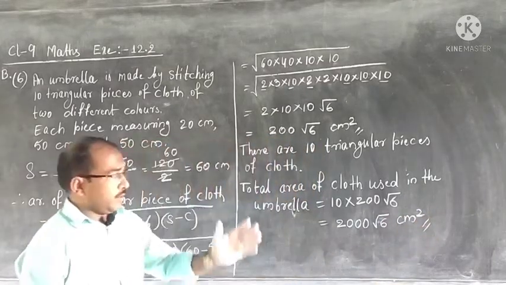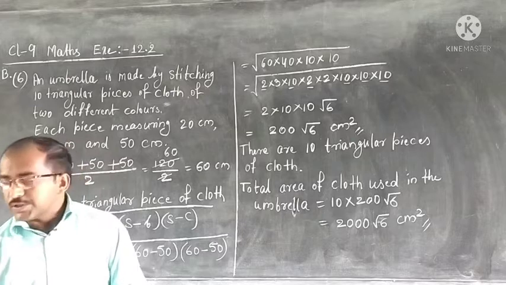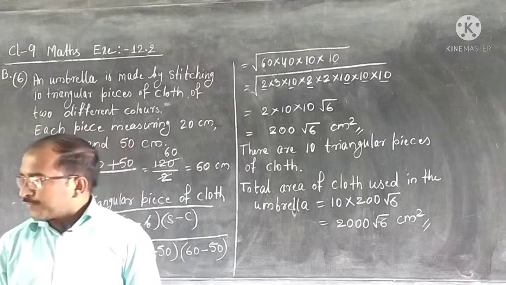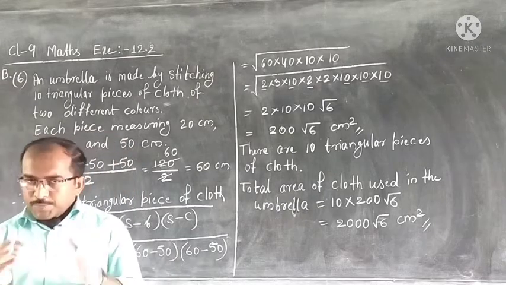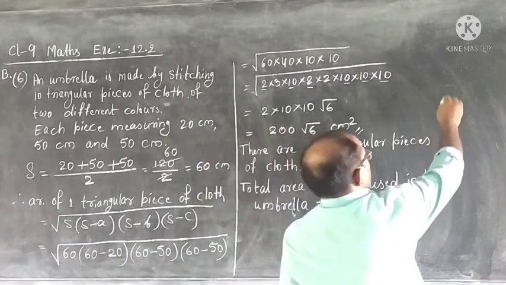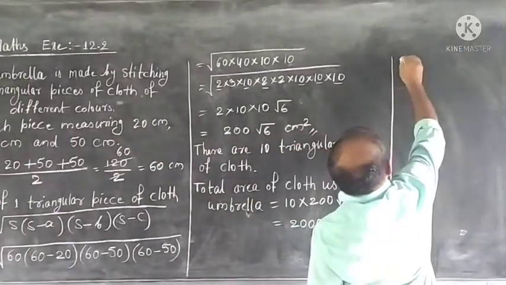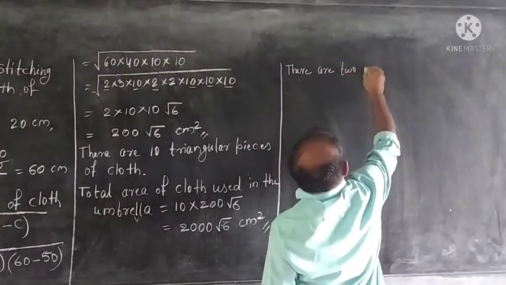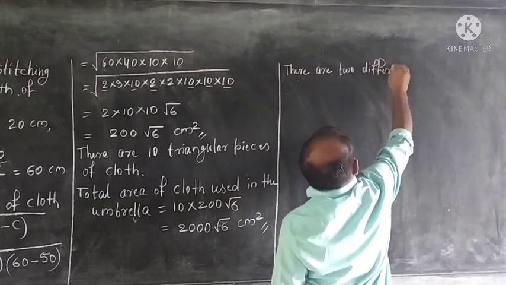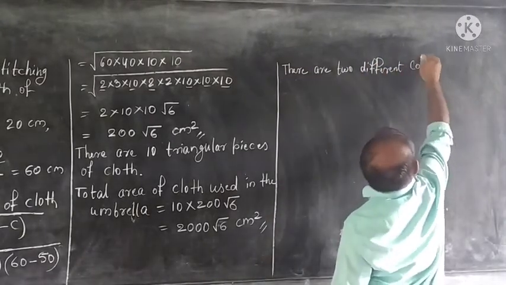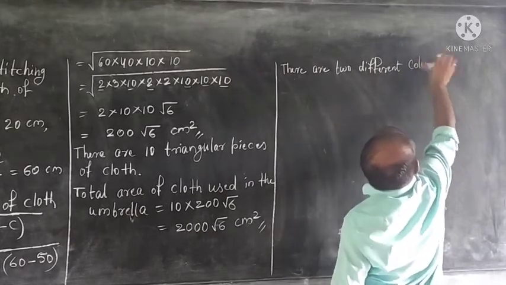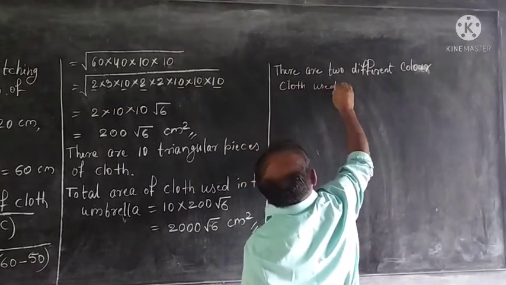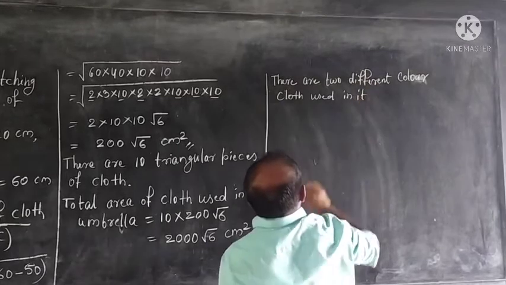For 10 triangular pieces, 2000 root 6 centimeter square of cloth was used, but colors are 2. So, for each color there will be 5 triangular pieces. There are 2 different colors of cloth used in the umbrella.